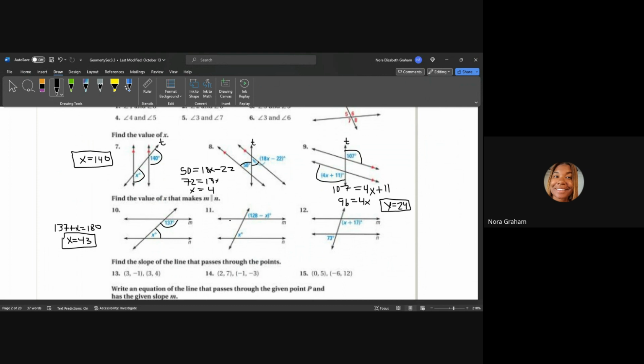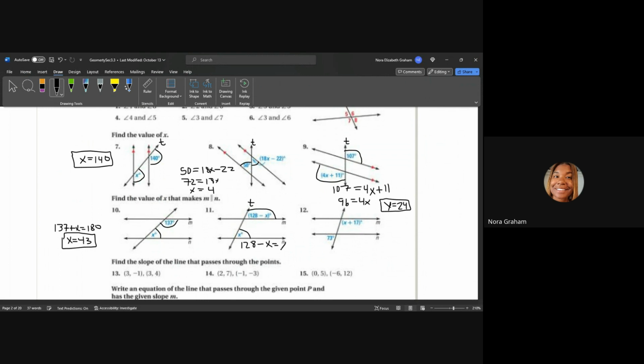So for 11, of course, to make these parallel, these two angles would have to have some kind of relationship. The relationship they have, if you notice, if this is my transversal, is that they're on the same side of my transversal and they sit on top of my two lines. So they're going to be corresponding angles. Corresponding angles are congruent. So I'll have 128 minus x equals x. And now I just solve for x.